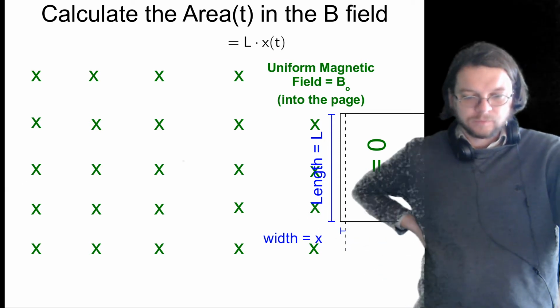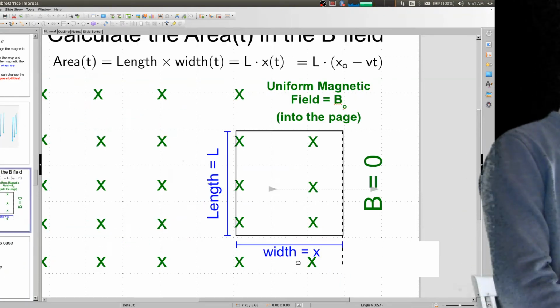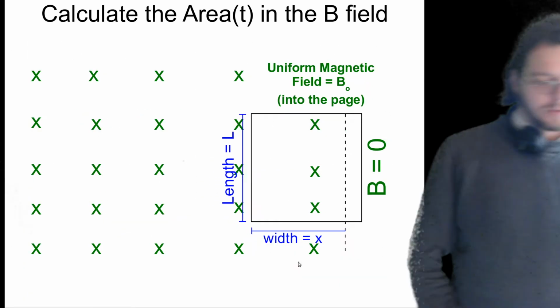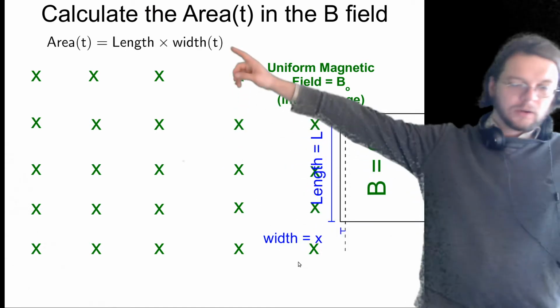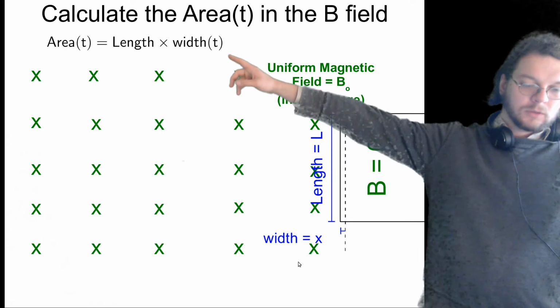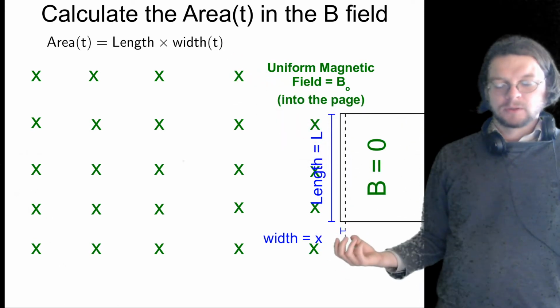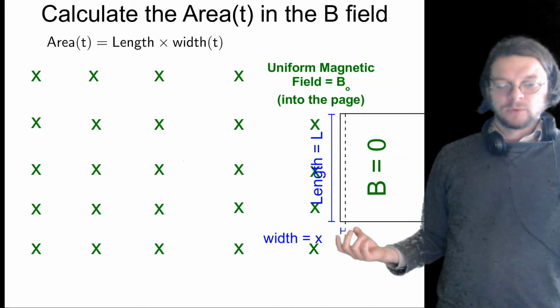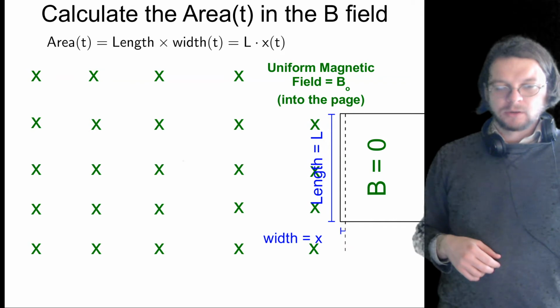a constant speed. So let me start the slide over again just to make sure. All right, there we go. So the area that is within the field is the length. The length's not changing, but the part of it that's in the field is. And this width, because we're assuming constant speed, we can write down an equation for that.